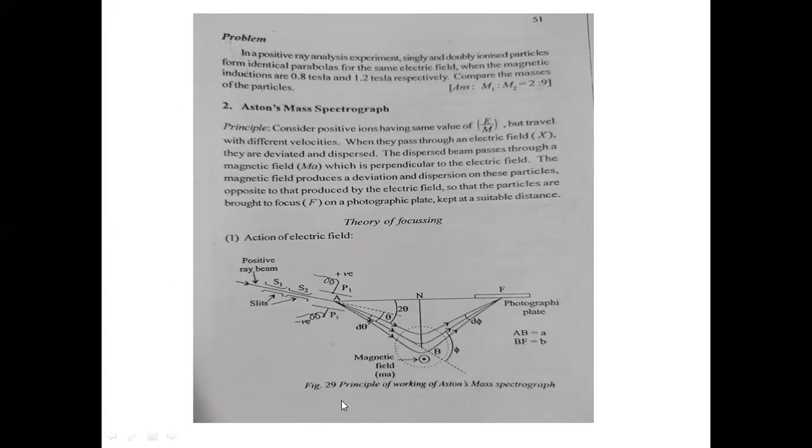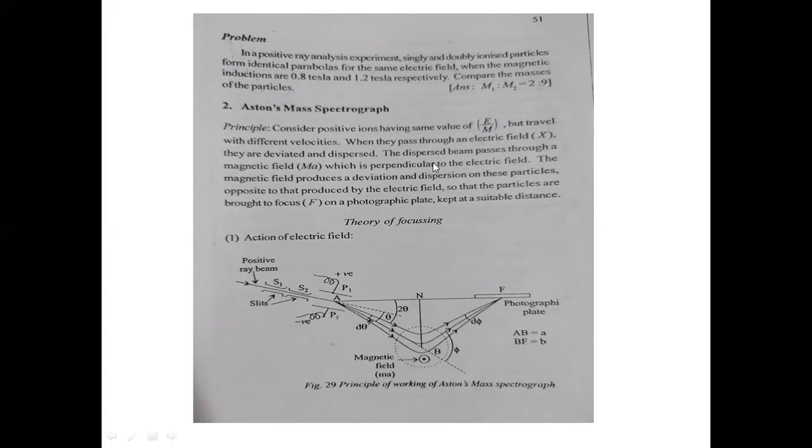The same diagram is repeated in these notes. Consider positive ions having the same value of e by m, where e is the electronic charge and m is the mass, but traveling with different velocities. When they pass through the electric field, they are deviated and dispersed.